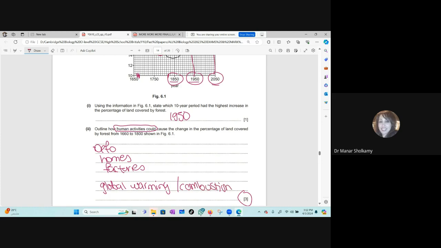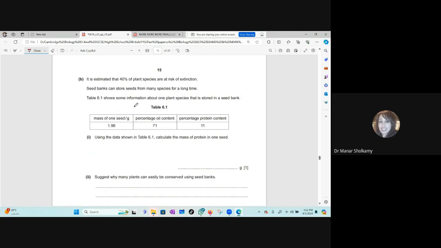Give me a last reason. Think of something. You will get the 3 marks, by the way, because each one of them is 1. And global warming, combustion, we are causing pollution in general, extraction of fossil fuels, any bad activities that will decrease plants.